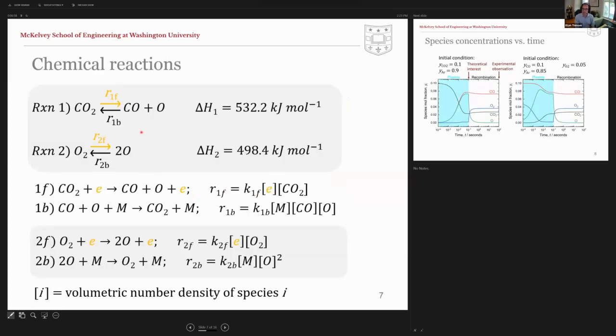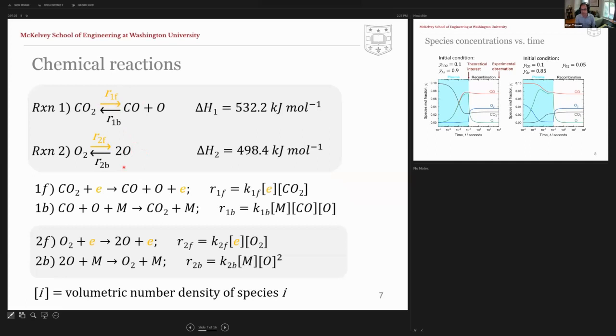Okay, so the kinetic system is the simplest possible reaction system that can explain the results we see. There are two reactions. Both of them are elementary. One is the dissociation of carbon dioxide. The other is the dissociation of oxygen. What's different about these reactions in the plasma is the rate of the forward process.